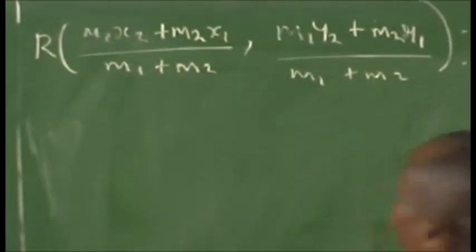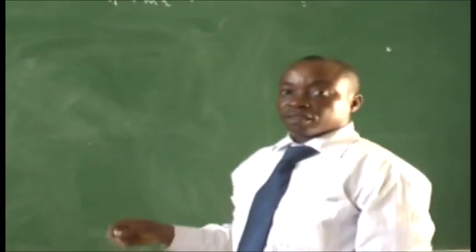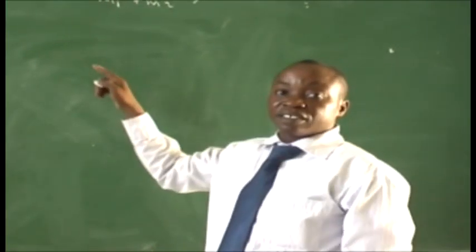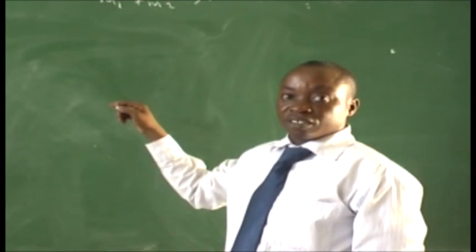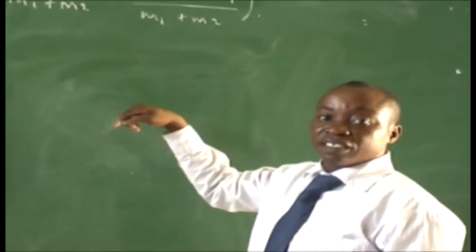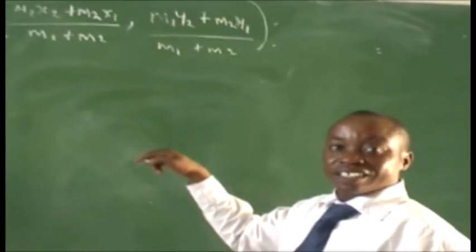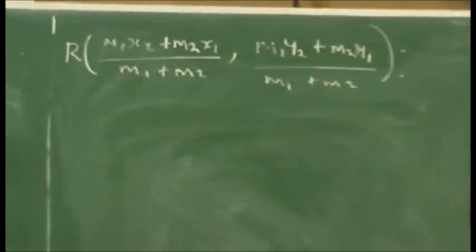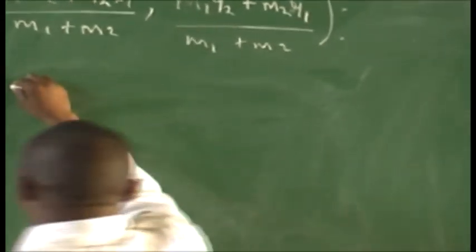This is the coordinates of R. So let's also look at external division. This one that we have just finished is division of the line in a given ratio internally. So we also have externally. Now, external division.